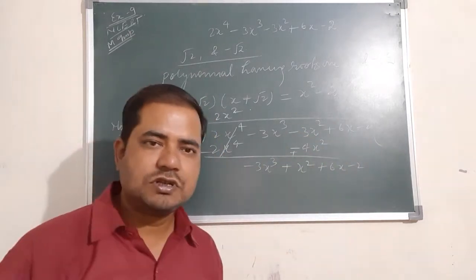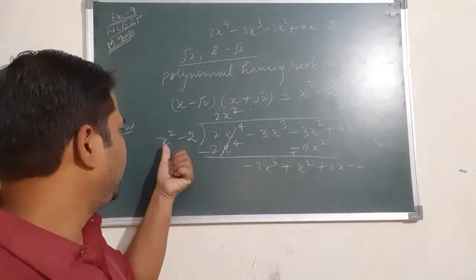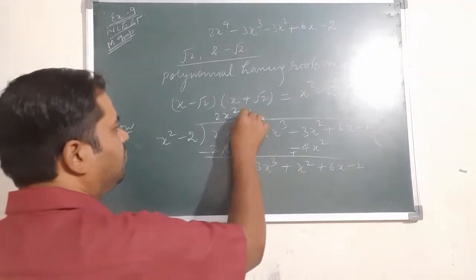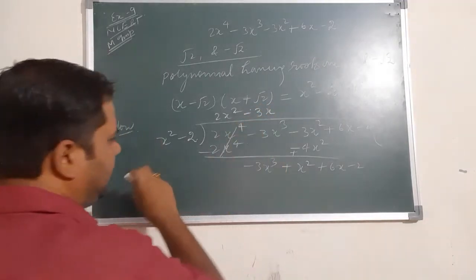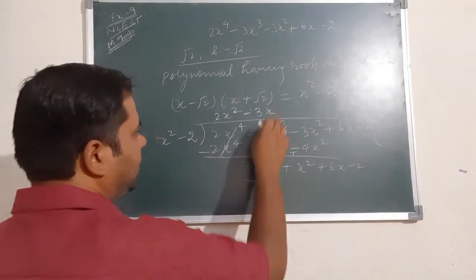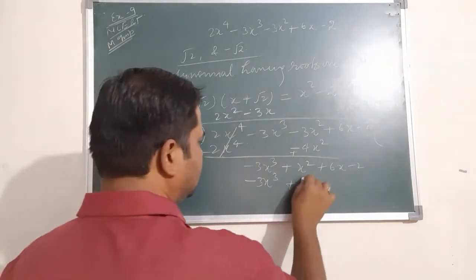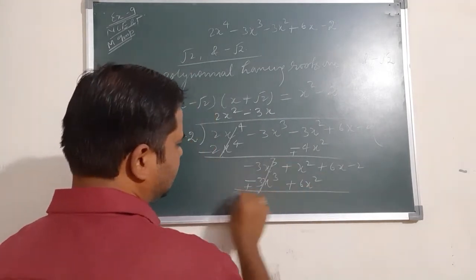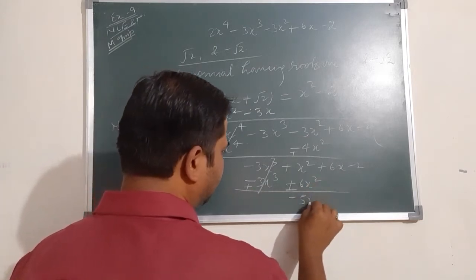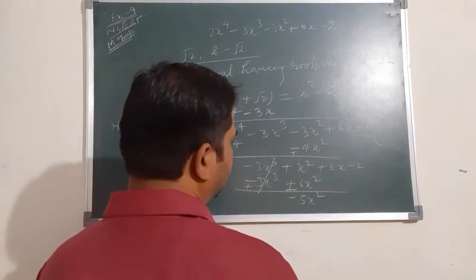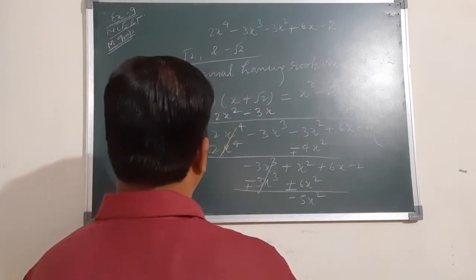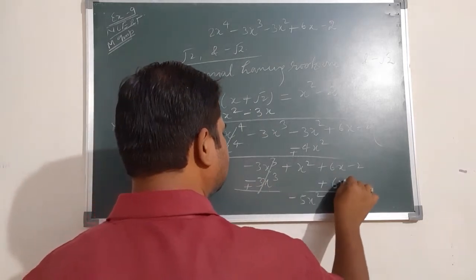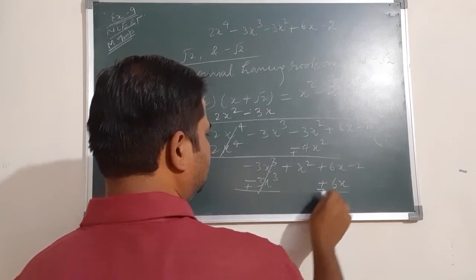Okay. Now next question is, what should we multiply in this polynomial so that the first term we get is minus 3x cube? So minus 3x, if you multiply here, you get minus 3x cube, and if you multiply in this, plus 6x, and this is cancelled out.